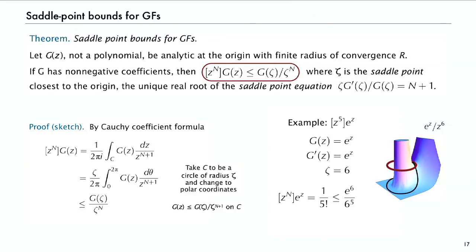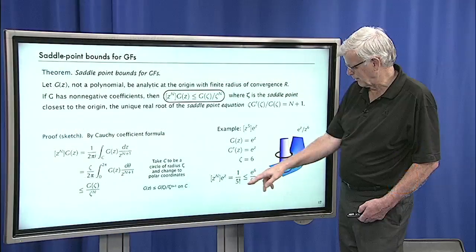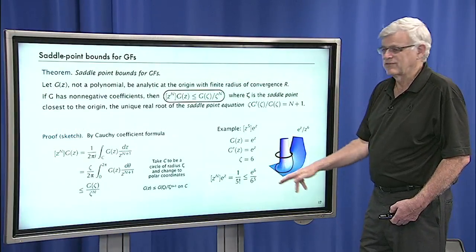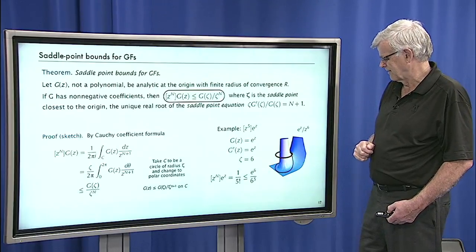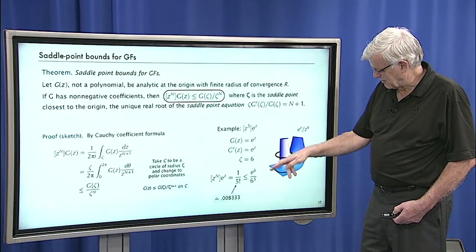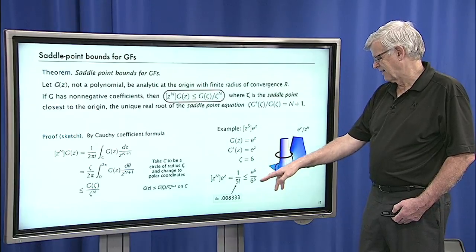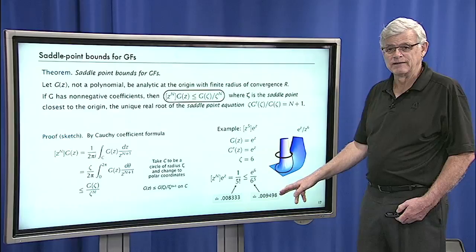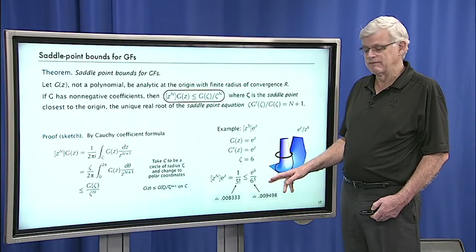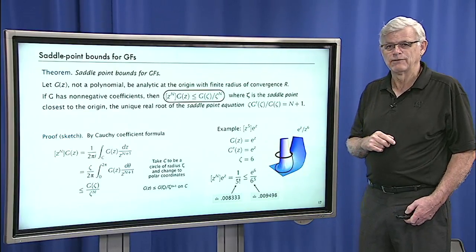And so the saddle point bound says that we know that the coefficient of z to the fifth in e to the z is 1 over 5 factorial, and that's going to be less than or equal to e to the sixth over 6 to the fifth. And if we just compute those, on the left side it's 0.008, and on the right side it's 0.009. Pretty good bound, even for just a small value like 5.